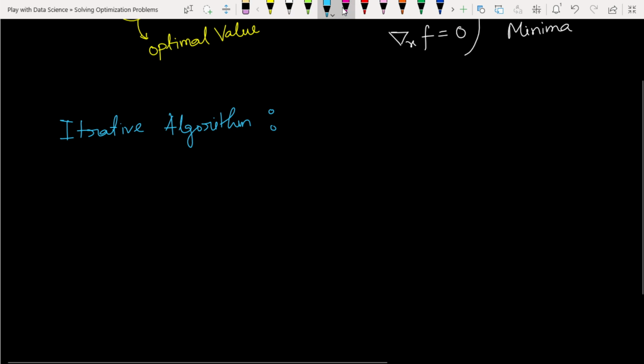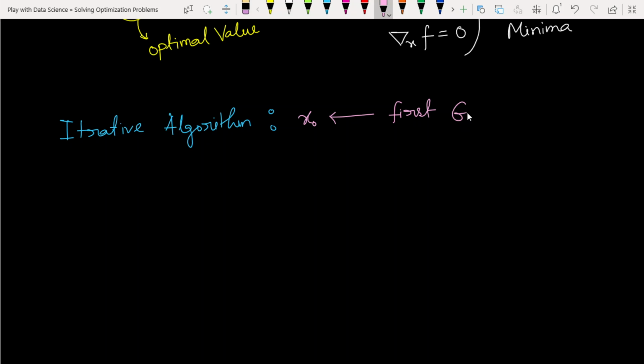The simple concept is that in this algorithm we have to follow a few steps. In the first step, we choose a random number, which we call x naught. So we first guess x star randomly.